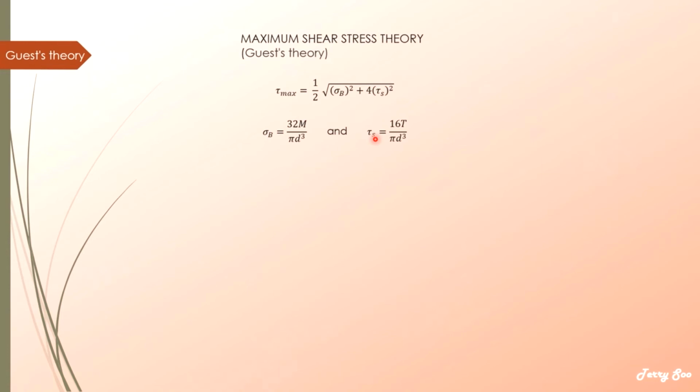And then for shear stress due to torsion, that is based on the simple torsion equation, also a strength relationship, you get shear stress equals 16T over pi d cube. T is the turning moment and M is the bending moment. The d is the diameter of the shaft.